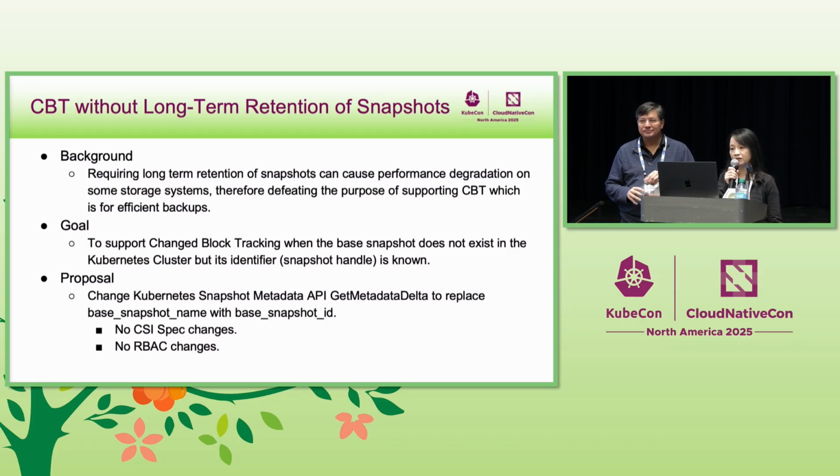And that means it defeats the purpose of supporting CBT, which is for efficient backups. To solve this problem, we changed the base snapshot name to base snapshot ID. This way, we no longer require the base snapshot to be retained. There is no CSI spec changes, no RBAC changes.